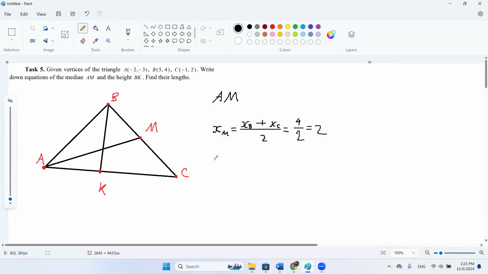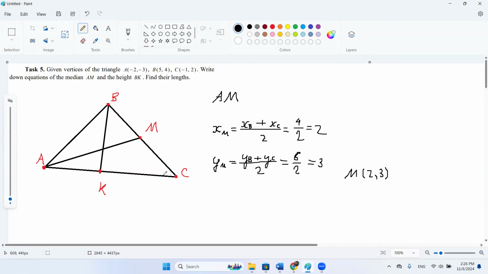Yeah, and X M as well. 4 plus 2, 6 by 2, and it equals 3. So we found M coordinates 2 and 3.